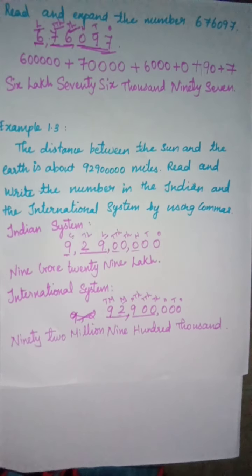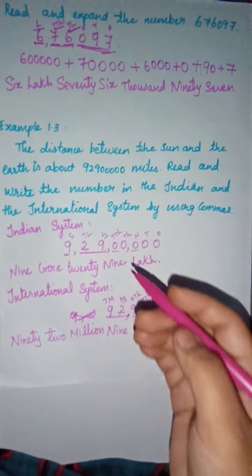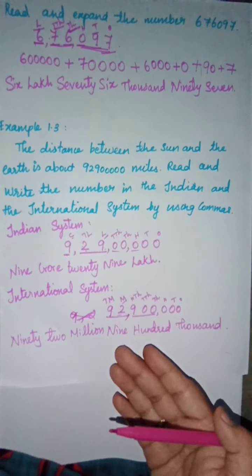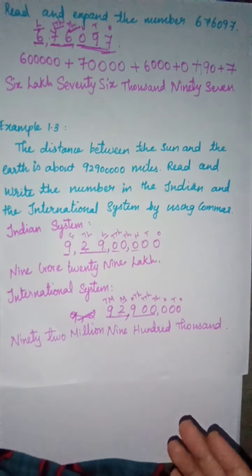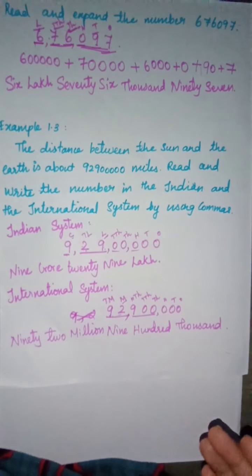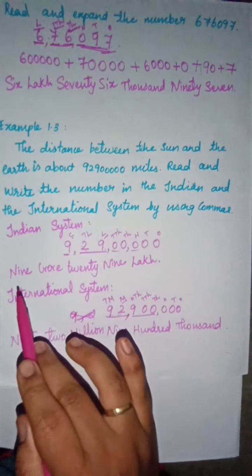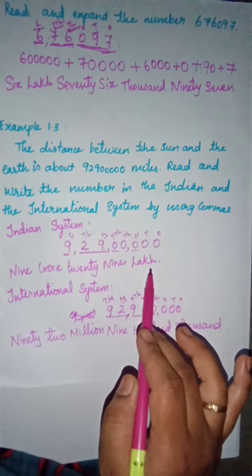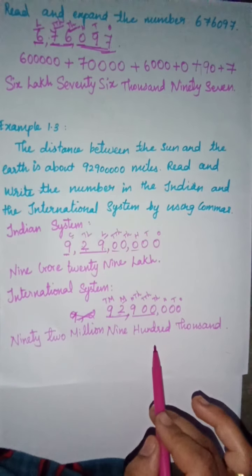While it is 0, can we write the name? No, we cannot. So just read it: 92,900,000. See, there is more difference between the Indian and international systems. Even the place value is changed. So you have to memorize it, or keep it memorized by using other things. It is very important. Now we can read in the Indian system: 9 crore 29 lakh. In the international system, 92,900,000.